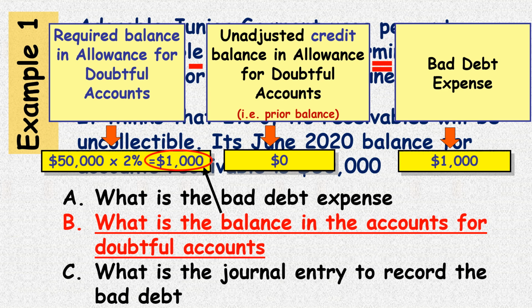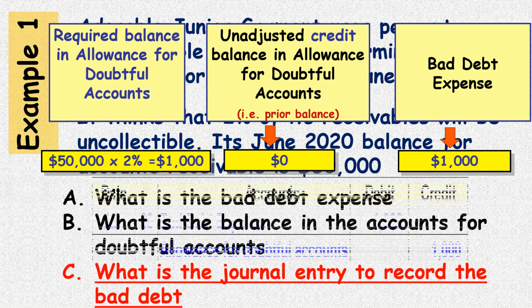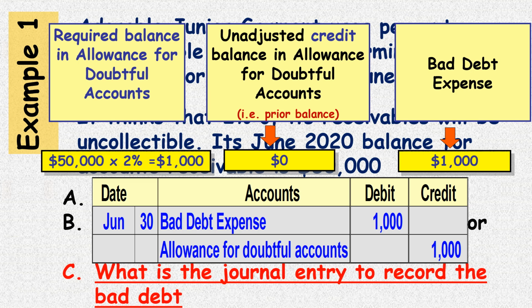And this is our balance for the doubtful account, which in the first month is the same as the bad debt expense. And finally, let's look at the journal entry. So bad debt expense will be debited for $1,000, and the allowance for doubtful account will be credited $1,000. So this was month number 1 and how we find out the bad debt expense for that month.